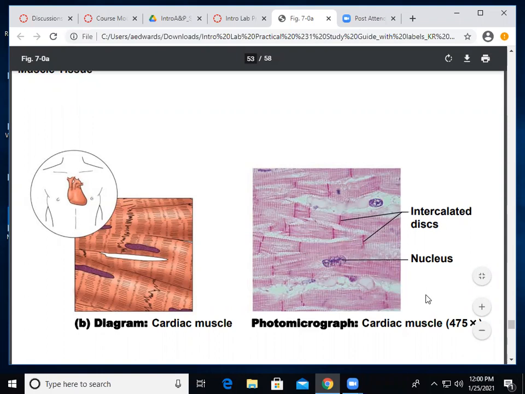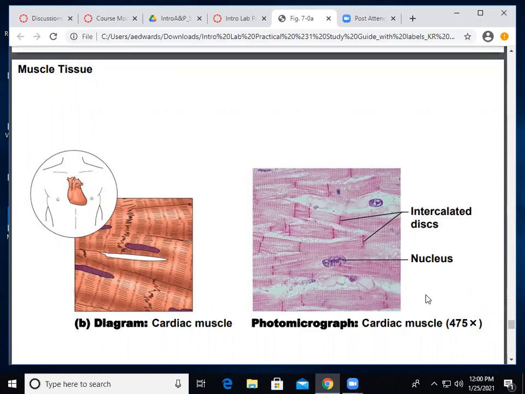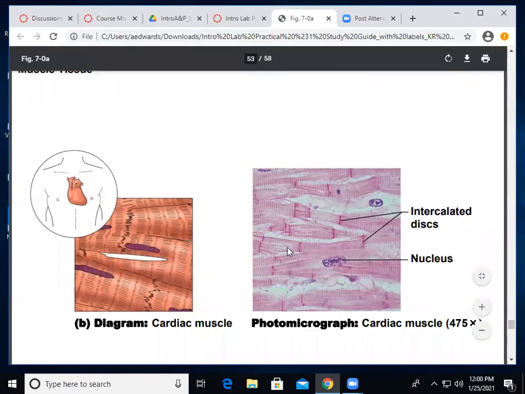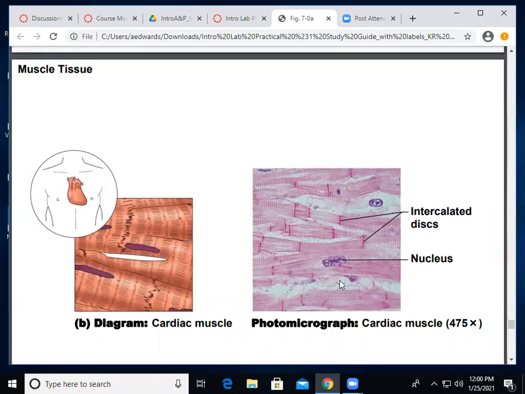They're communication between cardiac muscle cells, or they allow for that. You can see the nuclei again, but do you see as many nuclei as you did on the last slide? No, so one nucleus per cell. Also, these cells are branched. I don't know if you can see that here, but they kind of go diagonally, so they're branched.